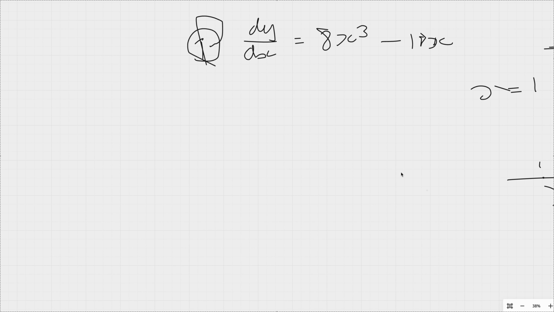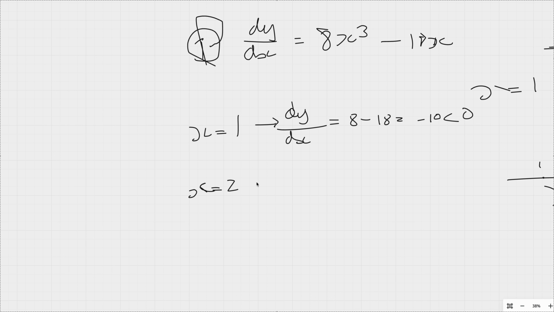So let's do just that. When x equals 1, dy/dx equals 8 minus 18, which equals minus 10. This is obviously less than 0. Then we sub in x equals 2, which means that dy/dx equals 64 minus 36, which is 28, which is obviously more than 0.